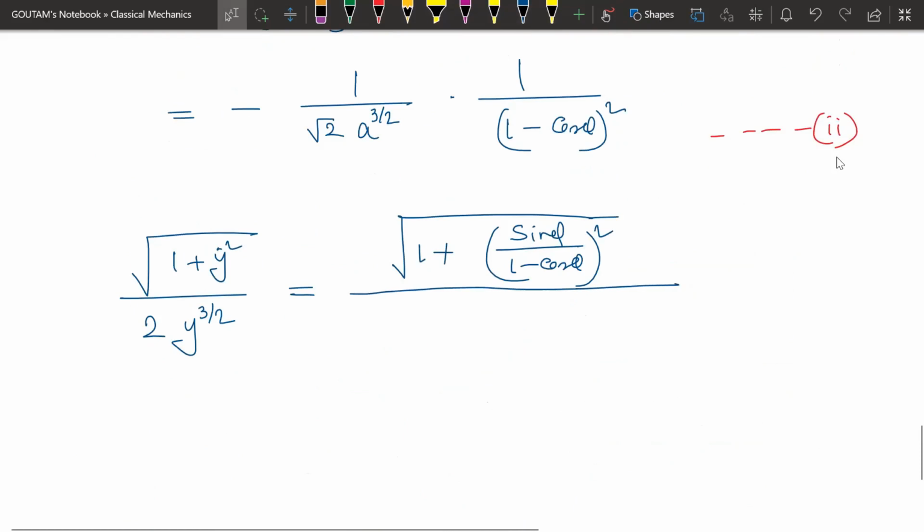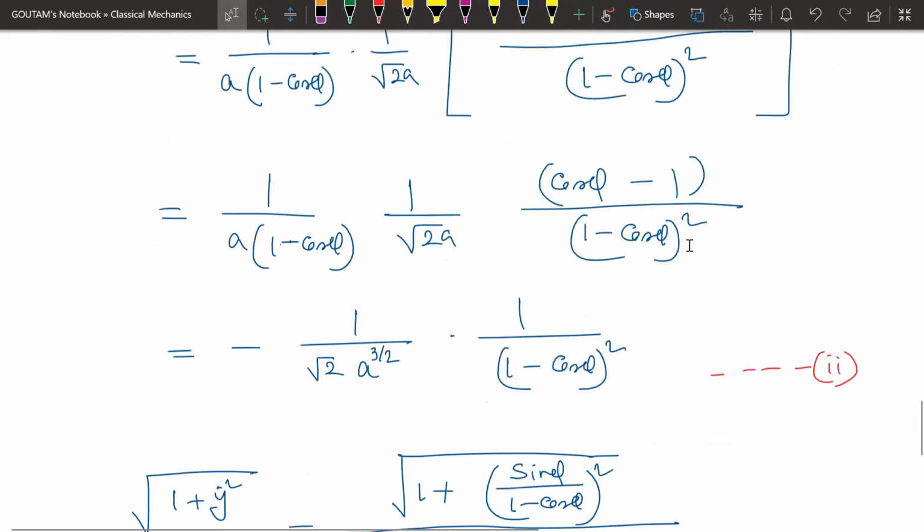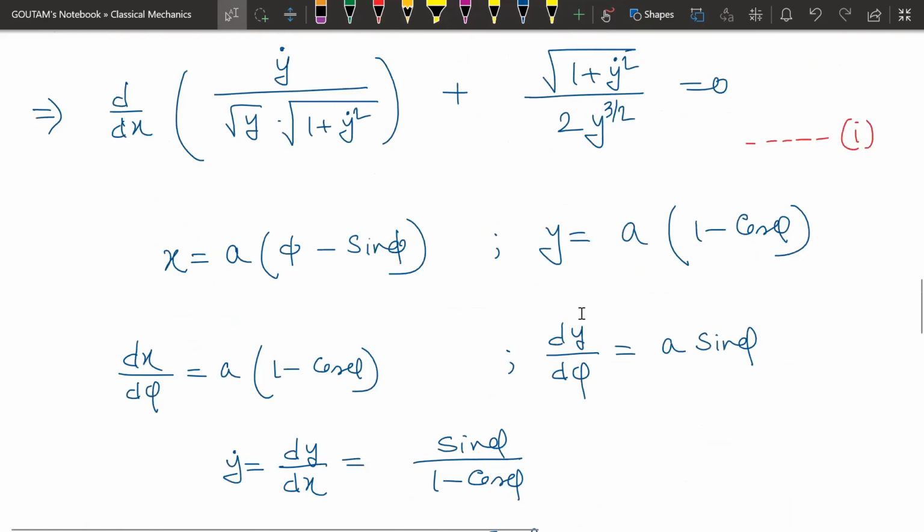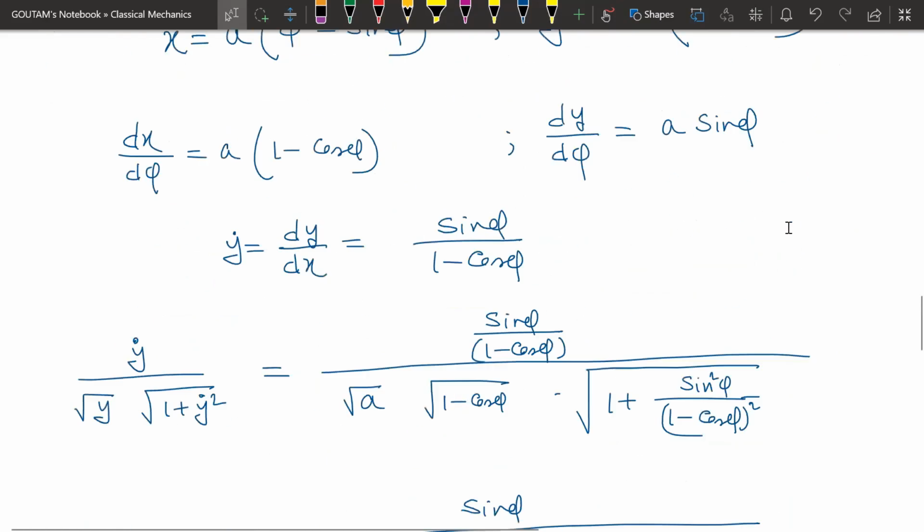And this y to the power 3 by 2. So let's see the value of y. Y is a times 1 minus cos phi.